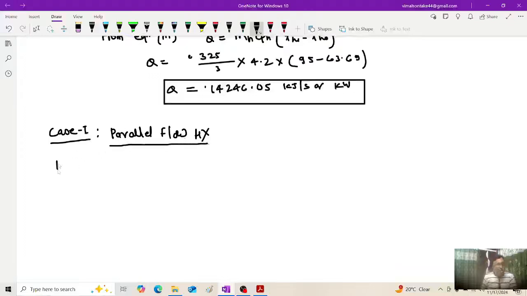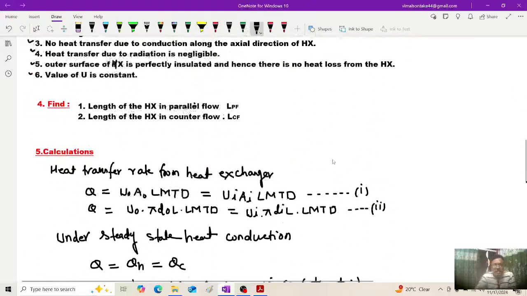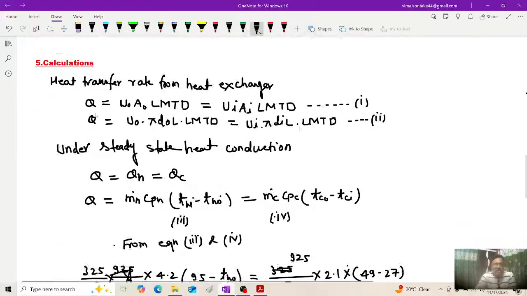So equation 3 can be modified in this fashion. Now here one more thing it is worth explaining. You can take either of the equations, that is the equation of Q based upon U naught pi do L into LMTD, or UI pi di L LMTD.